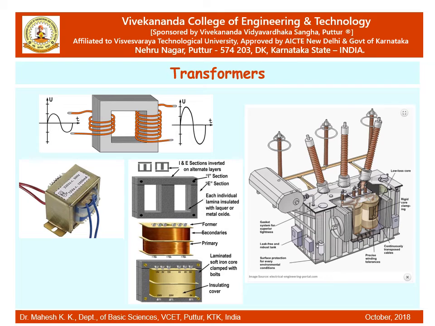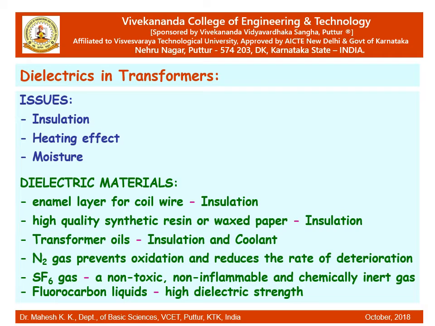Just view this slide. I have placed a few pictures of transformers. Let us see how dielectrics are useful in transformers. The main issues here are insulation, heating effect, and moisture. Basically we know that the conducting wires are wound in coils around the magnetic core material, referred to as primary and secondary coils, which you have already studied.